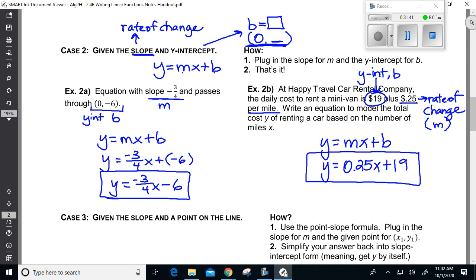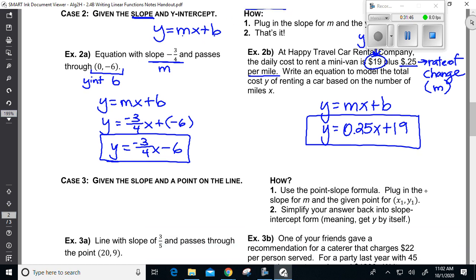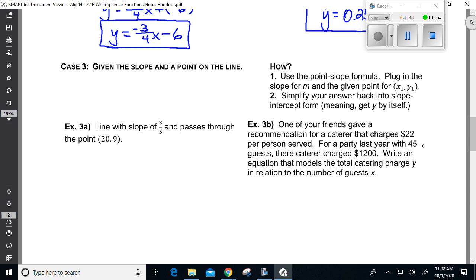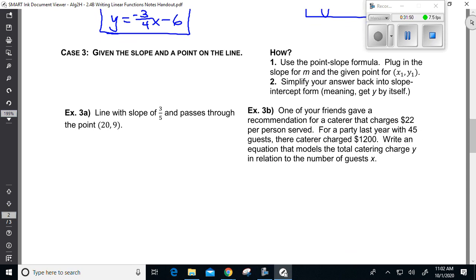Notice that each case starts to build. Case 3, a bit more work to do. Now we're given the slope, still get the slope, but now we're getting a point. So you're going to have a slope, or some kind of rate of change, and a point on the line, X1, Y1.